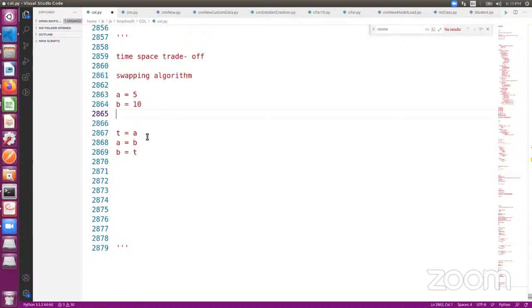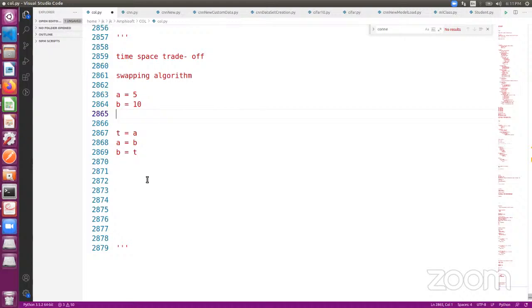Since you have stored A in T, A becomes free now. You can store some value in it. So you take the value of B and put it in A. So A becomes 10. After doing this step, we have copied the value of B in A. So now we can take the value of T and store it in B. So now B becomes 5. So now A is 10 and B is 5.